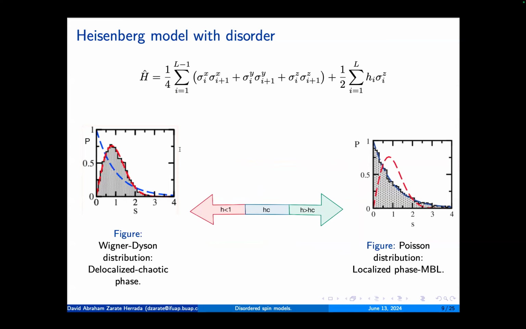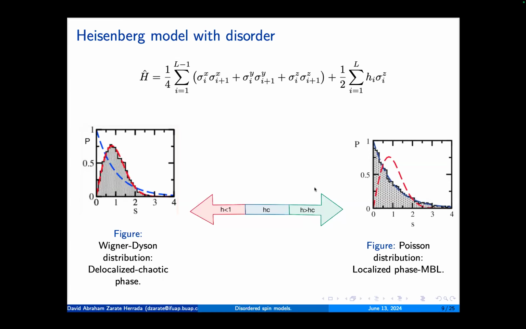This model with disorder has the following behavior. For example, if we calculate the level spacing distribution for values of h less than 1, we can see that it matches the Wigner-Dyson distribution, and this behavior is typical for random matrices.